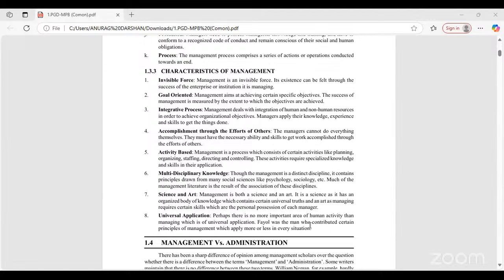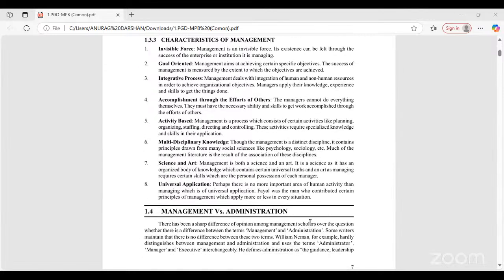And when we are talking about management, whether it is a science or an art, it is both science and art. It is an art because you're applying your skills, I mean, whatever the thinking, the ability, the decision making. And why is it a science?